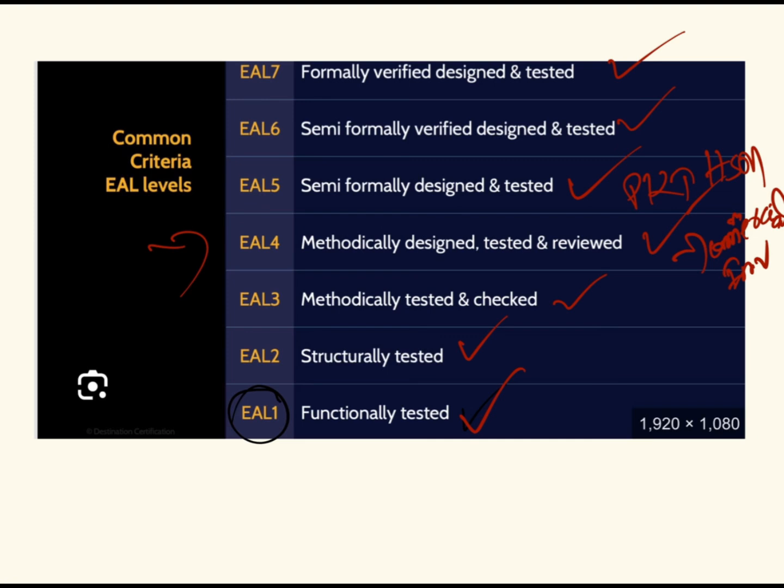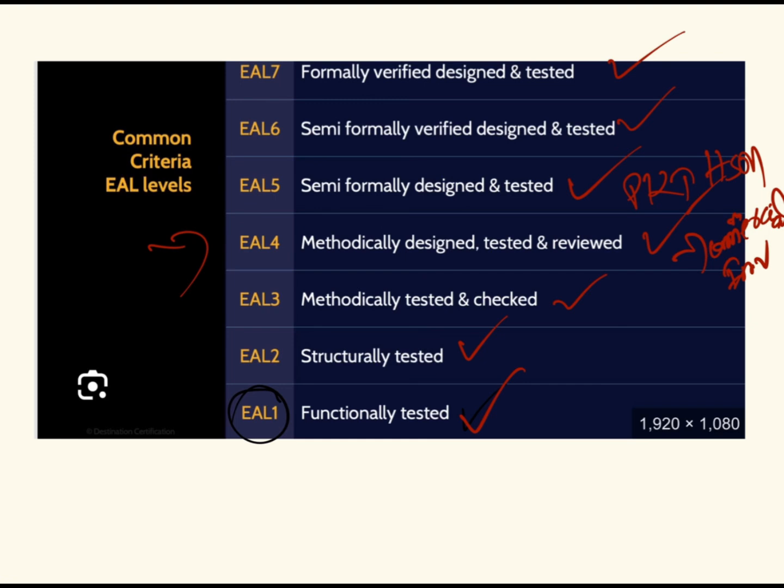EAL evaluates process, design and documentation. So independent labs perform CC evaluation. So companies cannot run the evaluation internally. So we need independent labs.